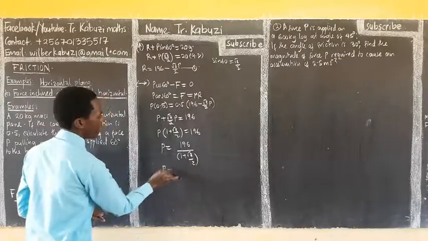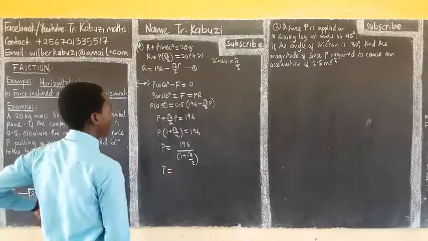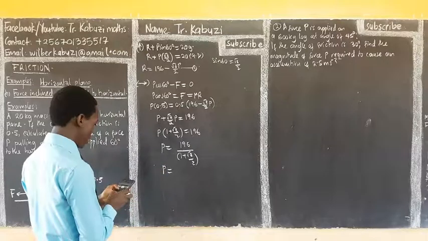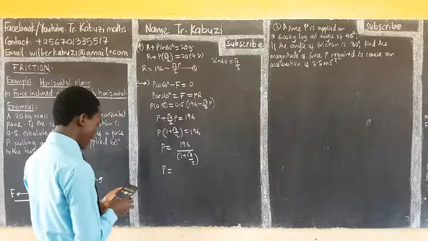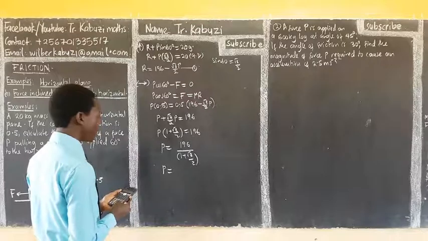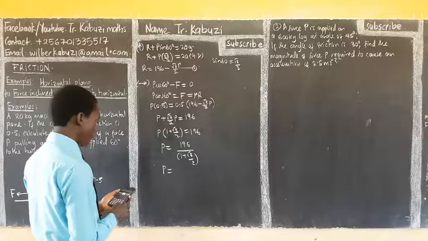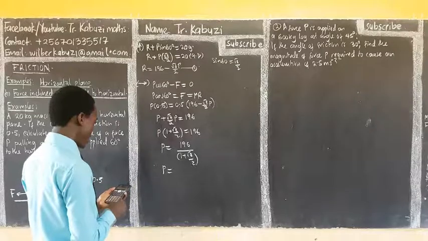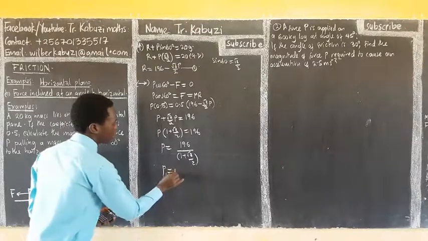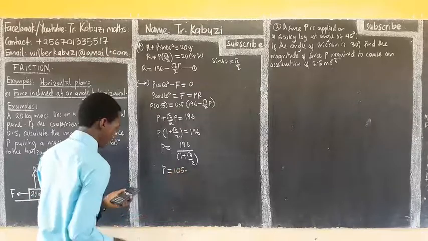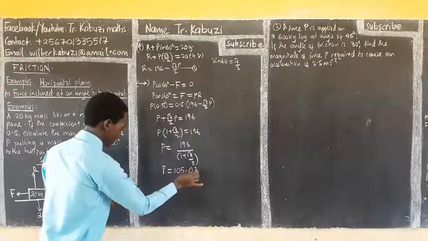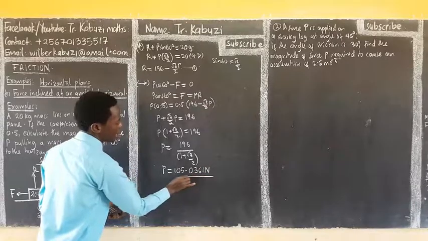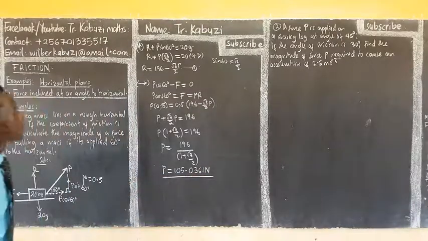To press this on the calculator, first root 3 divided by 2, equals, plus 1, equals, then 196 divided by answer, equals. This gives 100.0361 newtons. That would be the answer there.